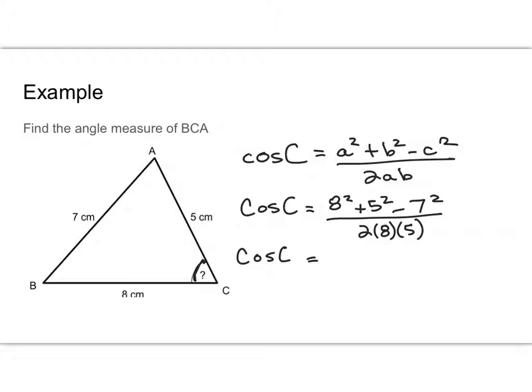And that equals 64 plus 25 minus 49 divided by 80, which means that cosine of C equals 0.5. Hey, wait a minute. Do we need our calculator to figure out where angle C is 1/2?